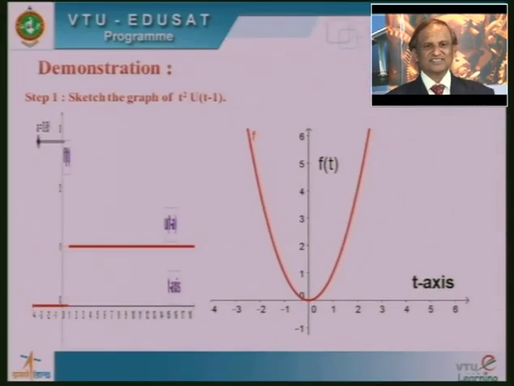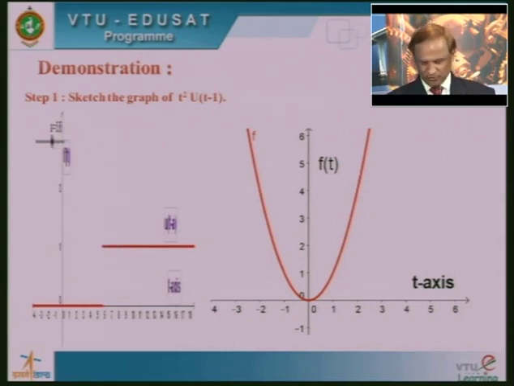You can take one more example. Say, for example, y is equal to t square. I want to draw the curve of t square into u of t minus 1. Again, t minus 1 is a unit displaced function. So you can draw the graph of y is equal to t square, the red color graph.